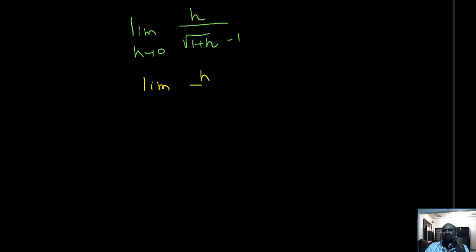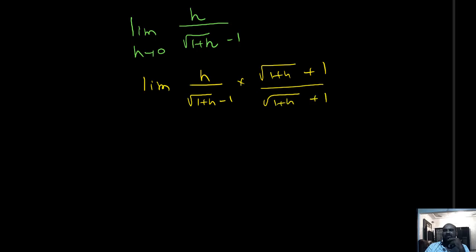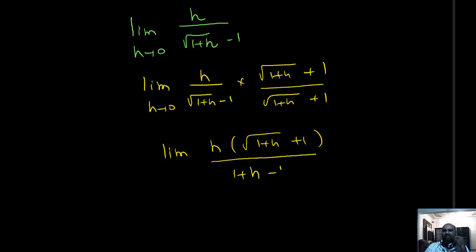Limiting value h by root over 1 plus h minus 1. I want to make the denominator a rational number, so multiply by root over 1 plus h plus 1 by root over 1 plus h plus 1, h tending to 0. So limiting value of h into root over 1 plus h plus 1 by a minus b into a plus b, a square minus b square, which is 1 plus h minus 1.